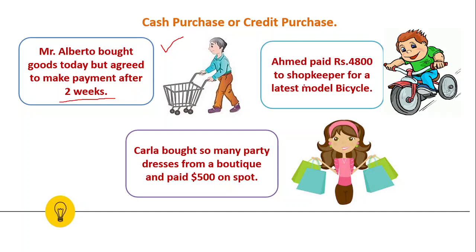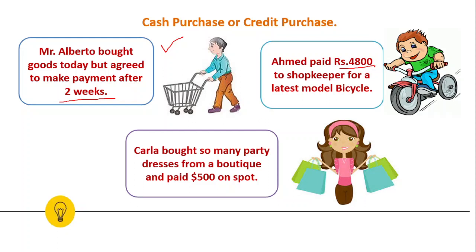The second example is where Ahmed paid 4,800 to the shopkeeper for the latest model of bicycle. This scenario is a cash purchase because the person purchasing the bicycle paid the money on the spot. For the shop, it's a case of cash sales. For Ahmed, it's a cash purchase.